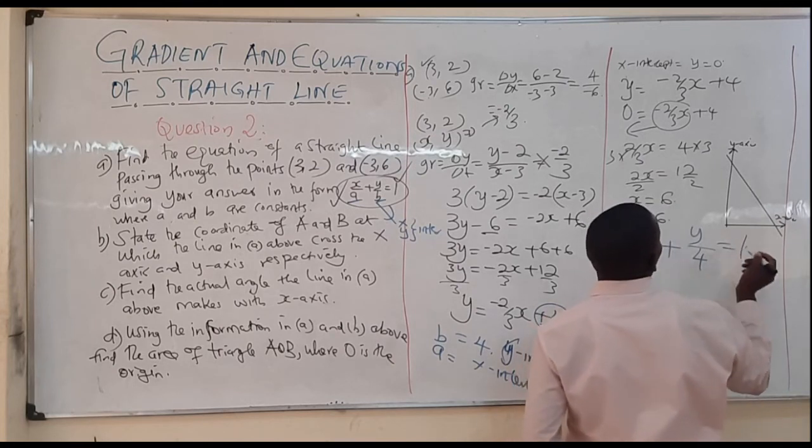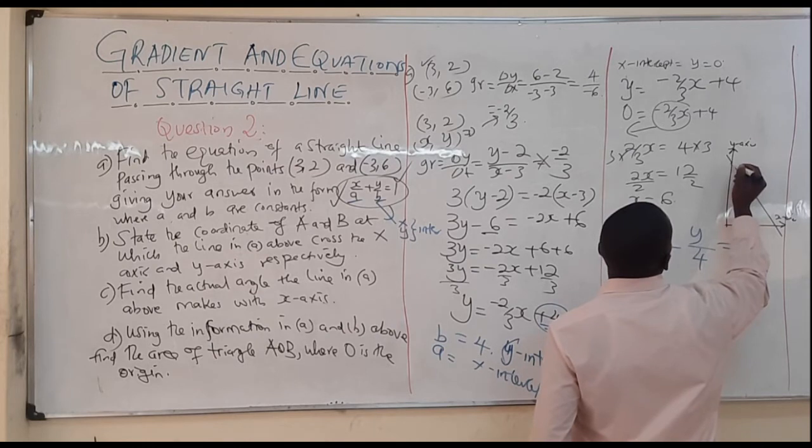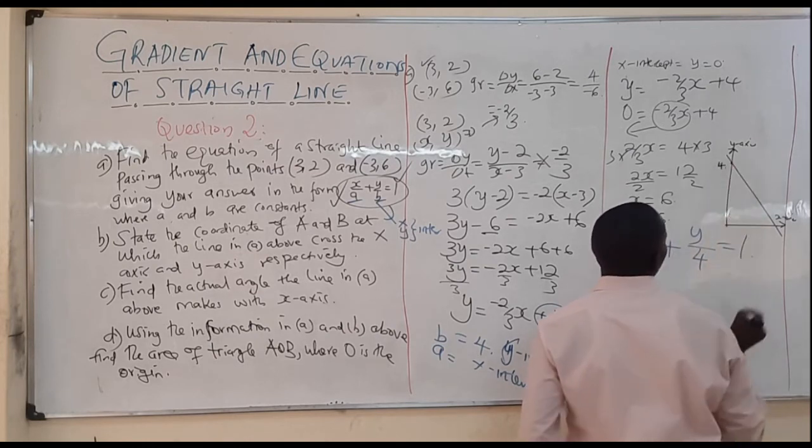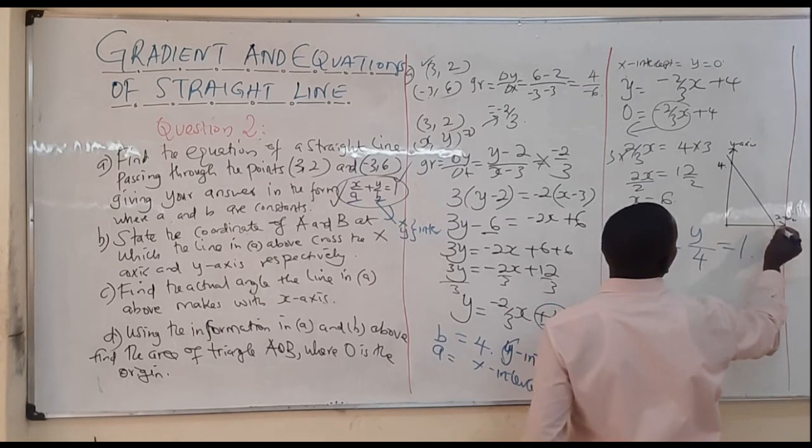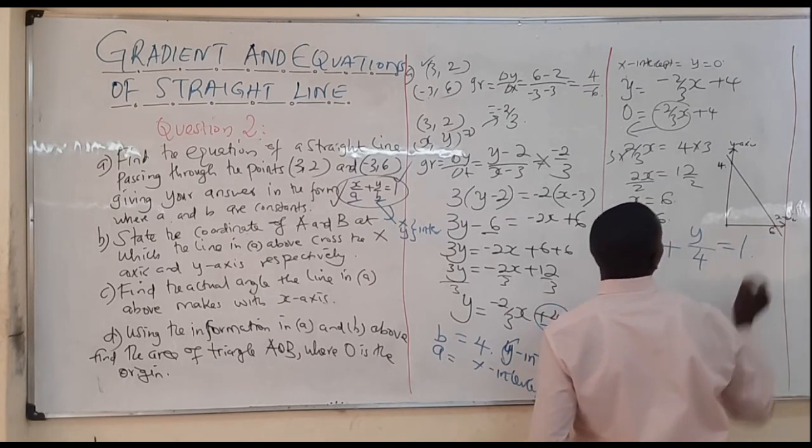Then, if this is our line, the y-intercept is that point. So the value of y there is 4, and the x-intercept is at 6. That's where the line is cutting the x-axis.